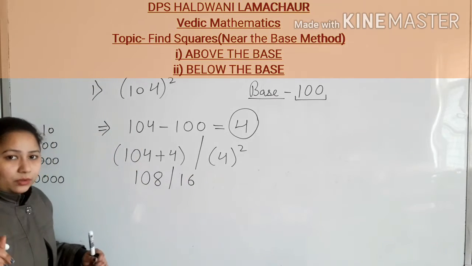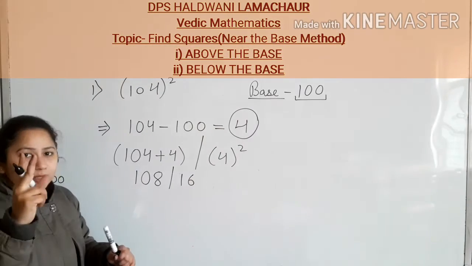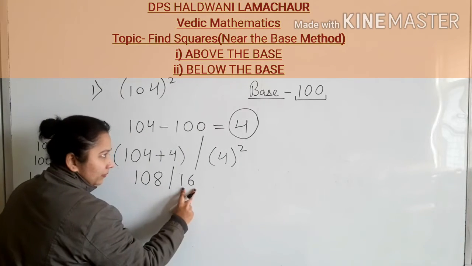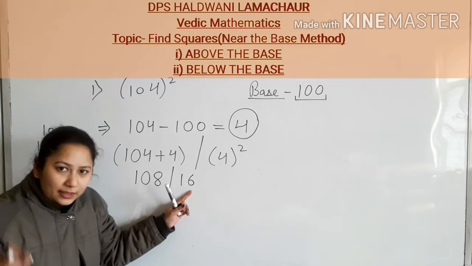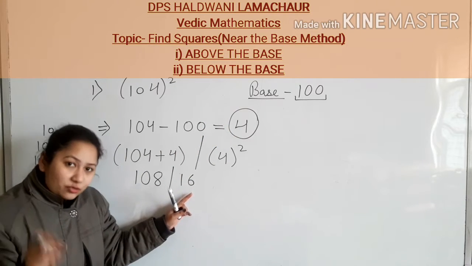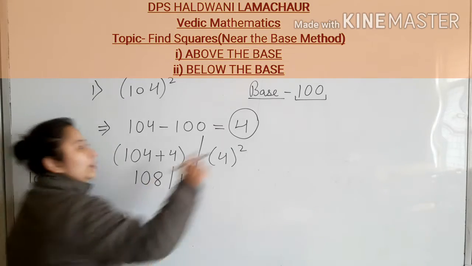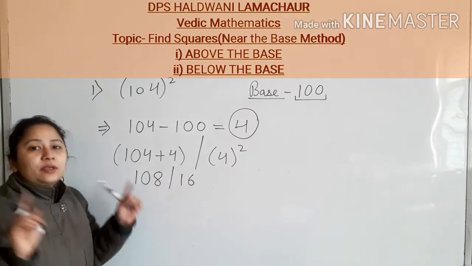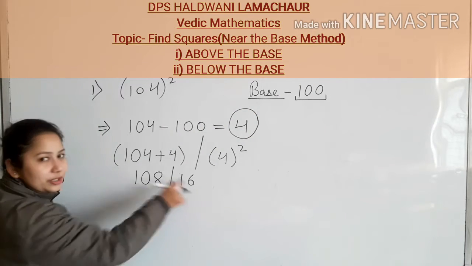Now students, one more thing is there. You can see 2 zeros are there, so 2 digits. If there will be 3 zeros, then there should be 3 digits. And if there are extra digits, then just put them as carry. Number of zeros and number of digits should be the same. So 2 zeros are there, 2 digits are there.